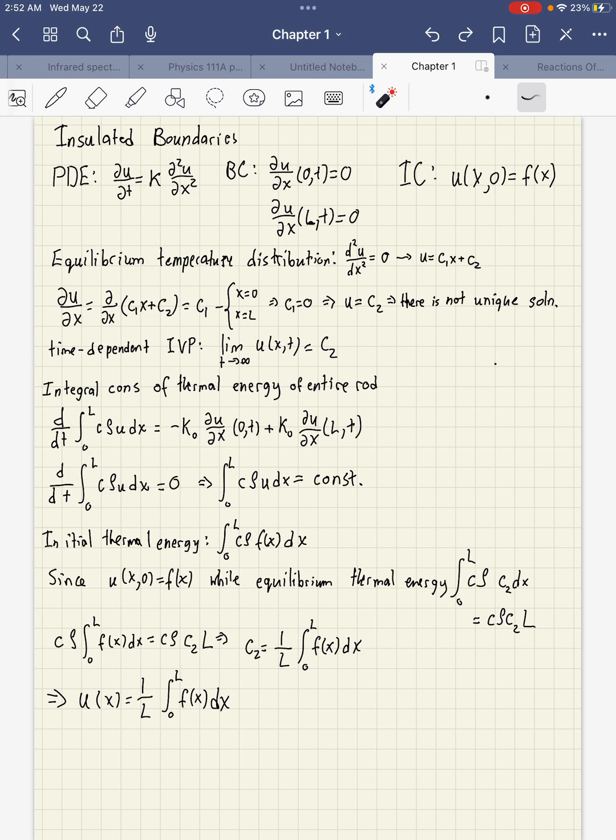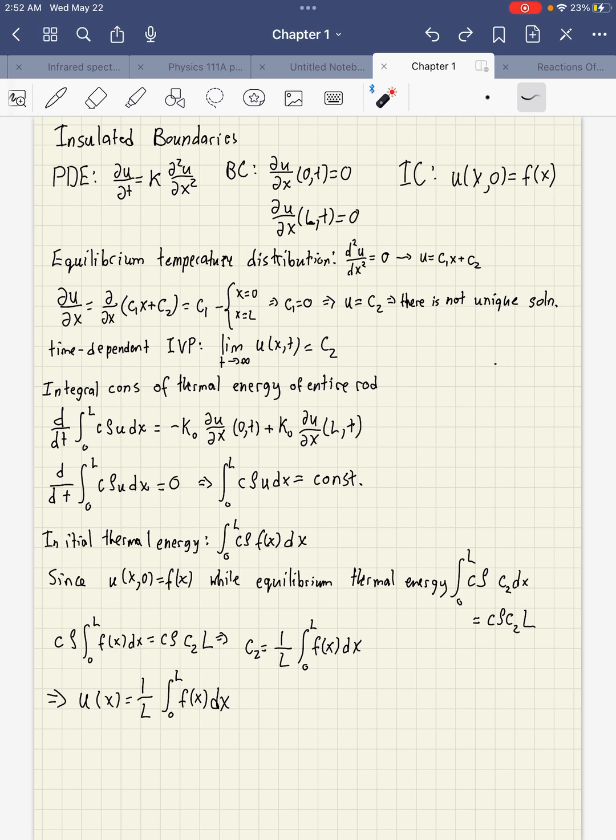Because we got this arbitrary constant, we expect that long enough after the rod reaches equilibrium, there's no heat flow at all, and our temperature should be equal to our arbitrary constant. Now, how are we going to find the arbitrary constant? We must apply our initial condition.